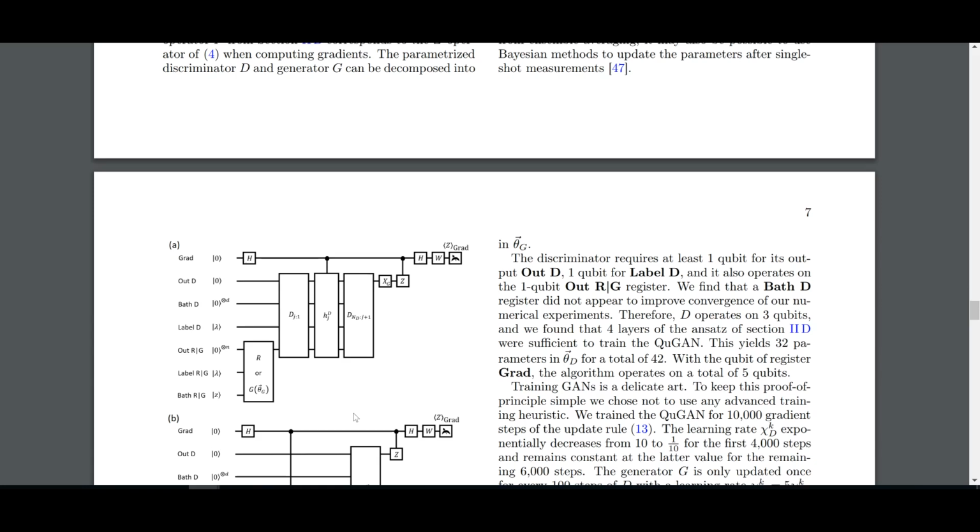You basically train and try to optimize the parameters of your circuit, so the goal, I guess, is to get a model that is really good at generating whatever you're trying to generate.